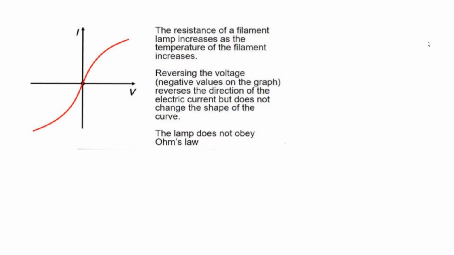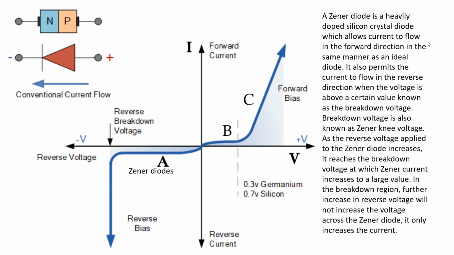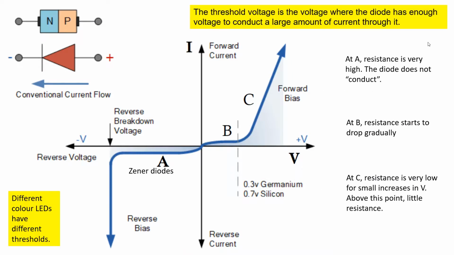However, for a diode, because you've got NP and PN, if you were to change it, it won't allow the current to flow. If you just ignore the Zener diode properties, then yes, it would only flow in one direction.